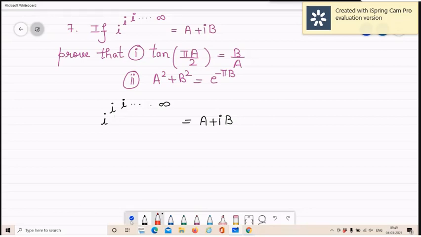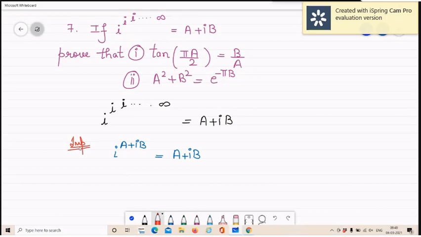It is already given to us as a plus ib. So to avoid that infinity, I am taking it as a plus ib. Just tell me whether this is understood. This is very important.